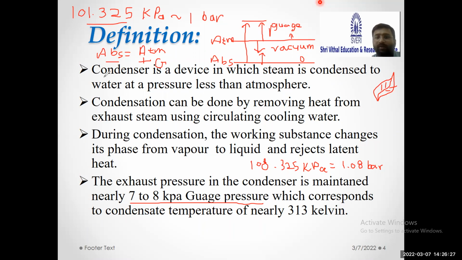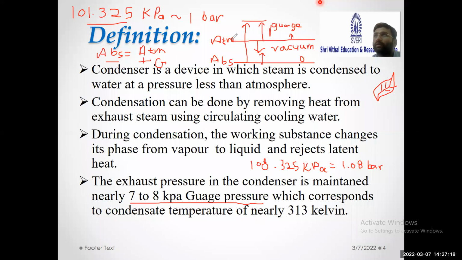Okay. So write down this definition of condenser. Condenser is a device in which steam is condensed to water at a pressure less than atmosphere. And draw this diagram also for your understanding.